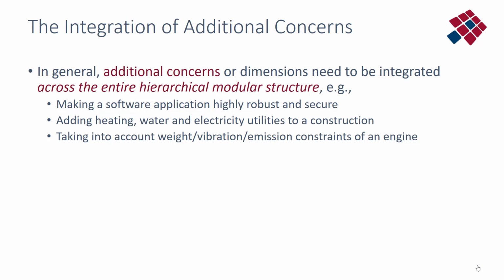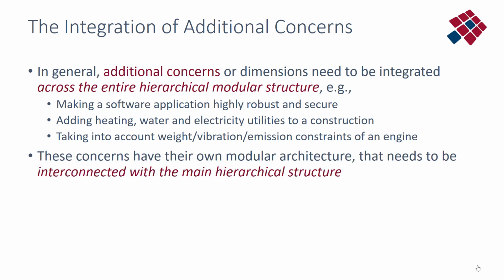In construction, for instance, typical additional concerns are heating, water, electricity. They call them utilities. But in the same way as the cross-cutting concern in software, they cut across the main functional structure. And so for these other concerns, you also have to take into account all other kinds of couplings, like weight, vibration, emission constraints of an engine.